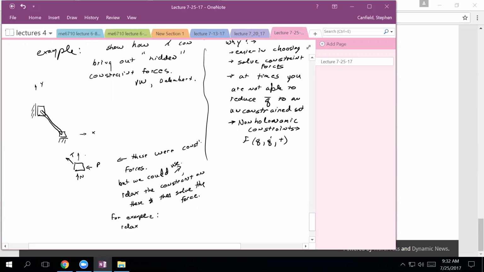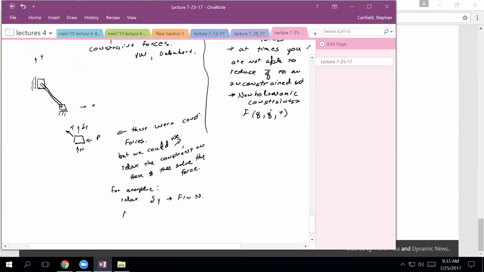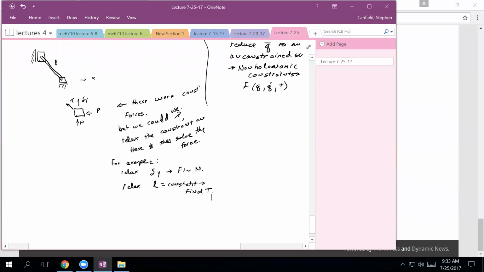For this guy, if we relax the fact that delta Y, before we said that Y had to go to 0, that would let us find N. If we relaxed the length, L is constant, that would let us find T, for example, and so on. That's somewhat the idea.